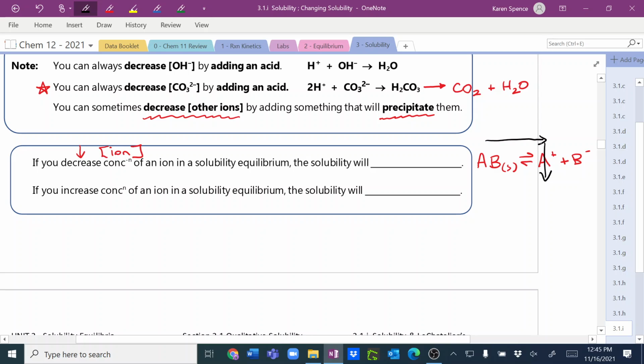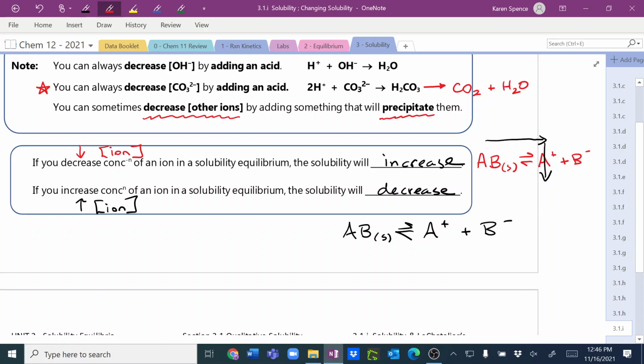Solubility will increase because it shifts right, absolutely. And conversely, if you increase the concentration of an ion, the solubility will decrease for the same reason. If we have our AB salt in equilibrium with A+ and B-, and we increase, say, the concentration of B, it's going to shift to the left and our solubility will decrease.